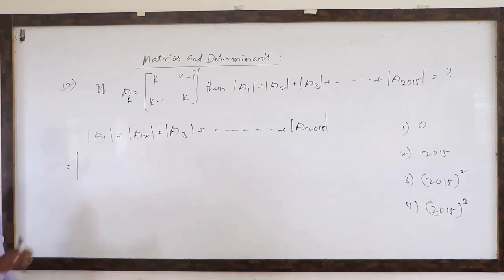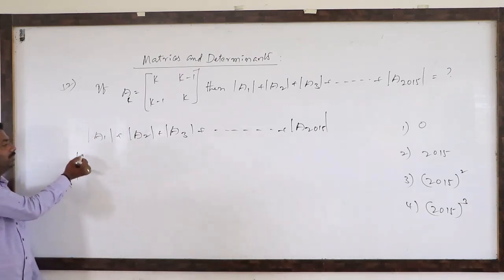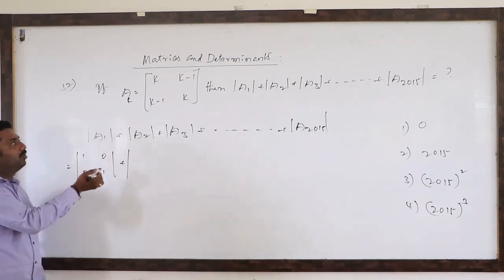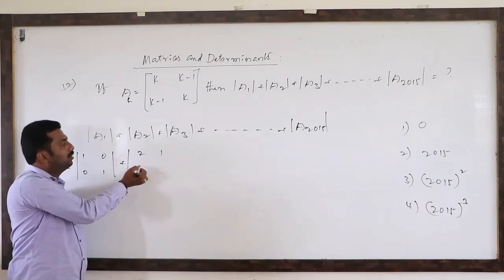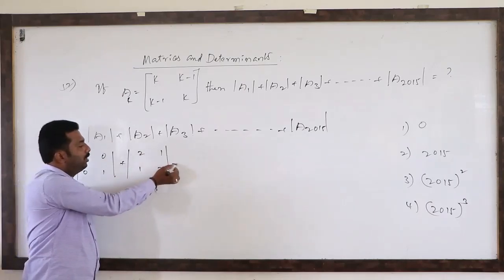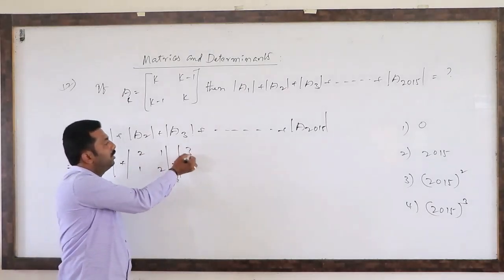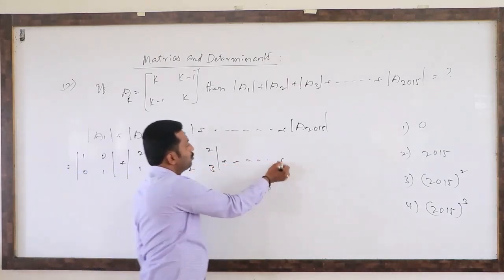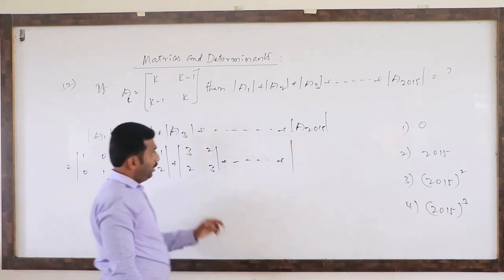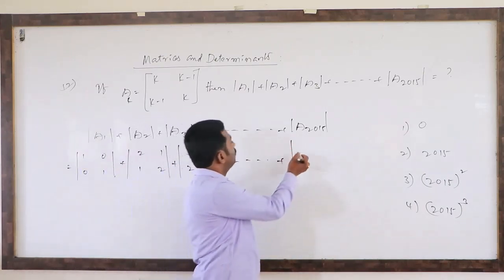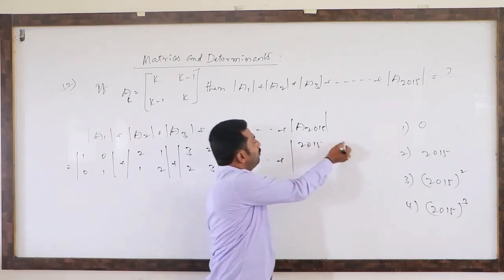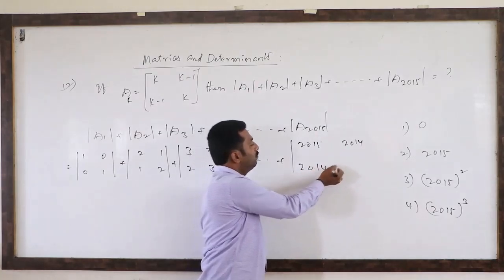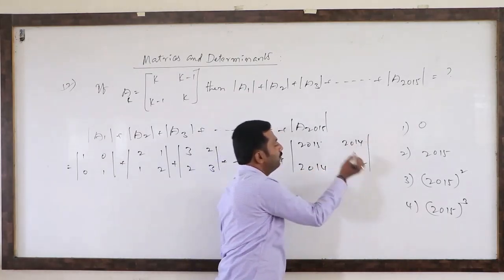So A1 we have to calculate, means k equal to 1, if you replace, 1 0 0 1. A2 means k equal to 2, means 2 1 1 2. k equal to 3 means 3 2 2 3, and so on up to A2015, which is 2015, 2014, 2014, 2015.